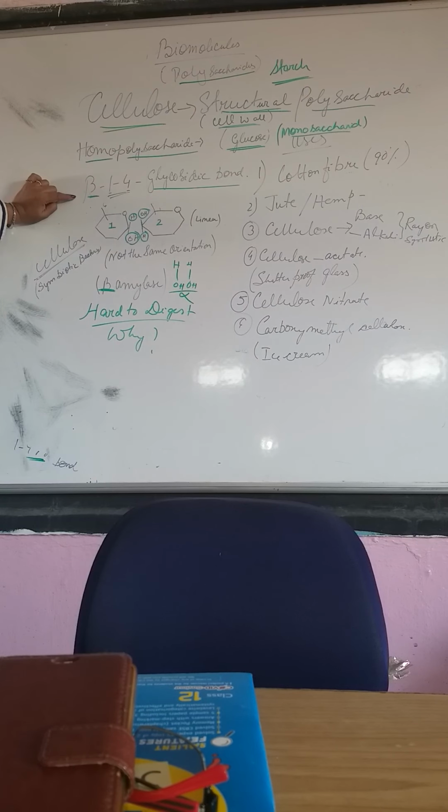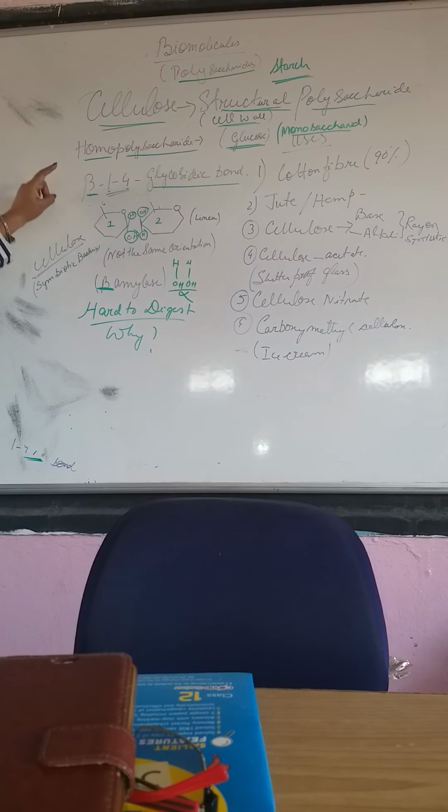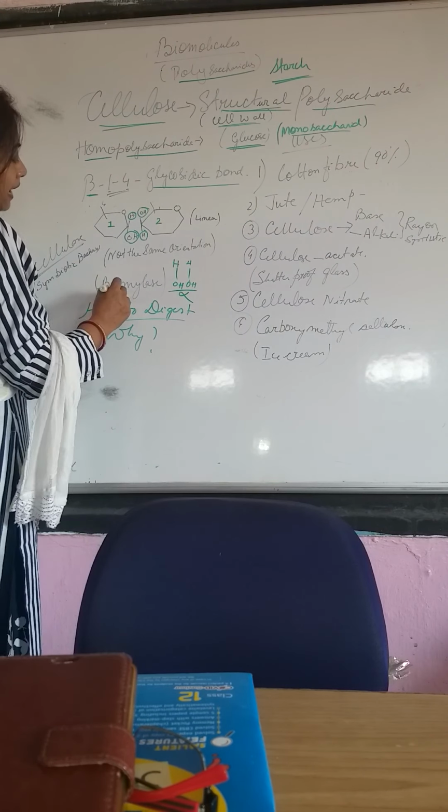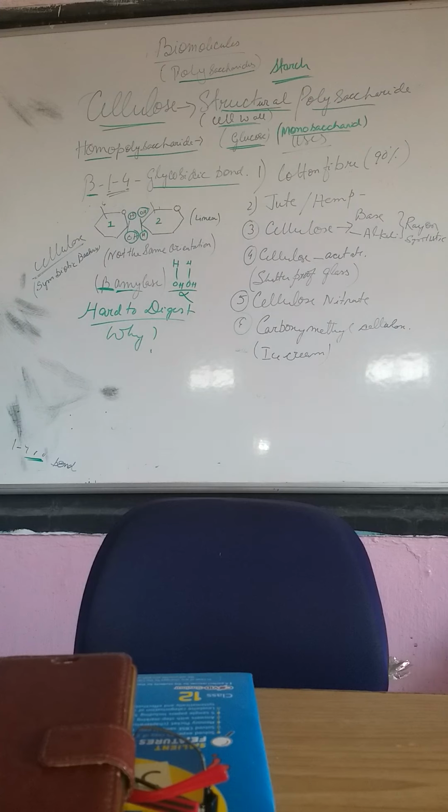Why? Because the enzymes in the body can digest the alpha bonding, but for beta, an enzyme is required for digestion of this kind of cellulose, and that is not present.